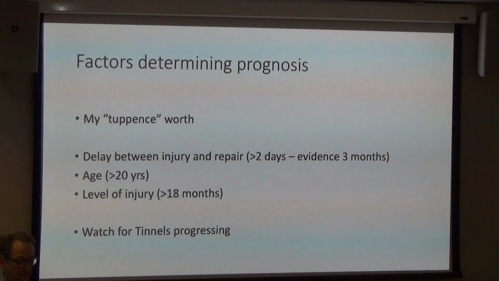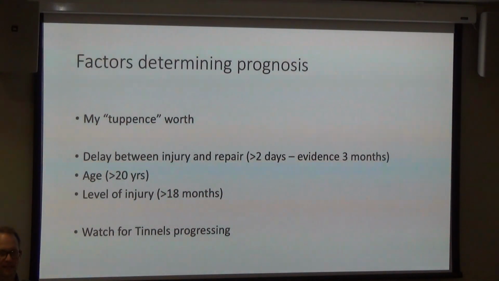Characteristically that's radial styloid, ulnar styloid, medial or lateral epicondyle, and you measure where the Tinel's test is. Say the Tinel's test is 7 centimeters proximal to the lateral epicondyle. There's no point seeing them much sooner than 3 months later when you're watching for nerve recovery.